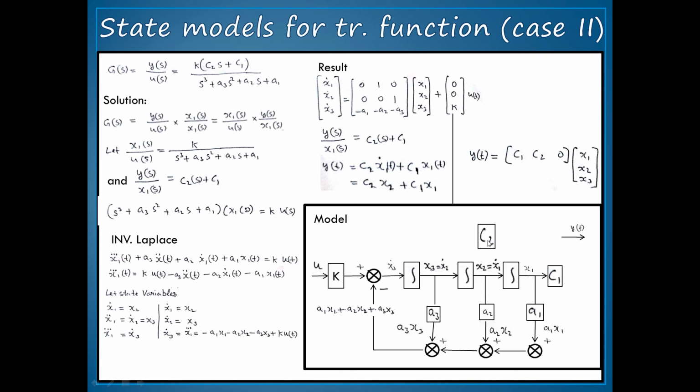This c2 is the gain value we have taken, and after this multiplication here we get x2 c2, and on this point we get x1 c1, and with the help of this summation node we get the value c1 x1 plus c2 x2, which is equal to the value y(t). So in this way we have to satisfy all these equations, and we have to draw this state space model for the particular transfer function.